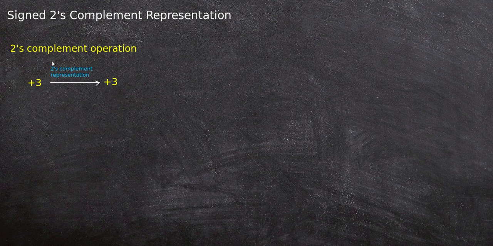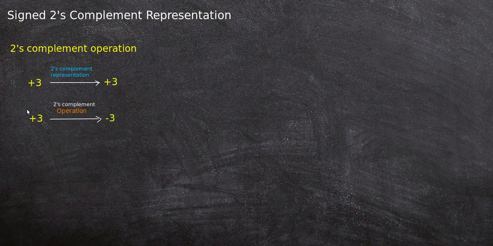So if it is just asking for the 2's complement representation of a particular number, then the sign will not change. If it is negative 3, then after 2's complement representation, this will also be negative 3. And if it is positive 3, then the 2's complement representation is also going to be positive 3.